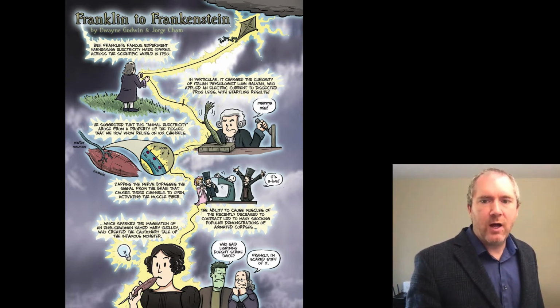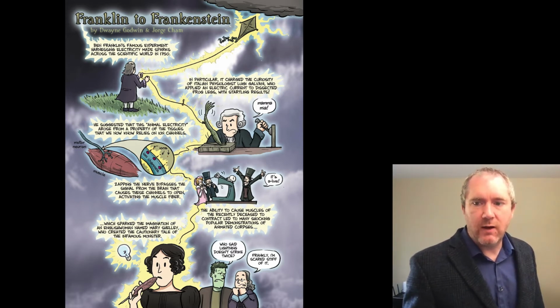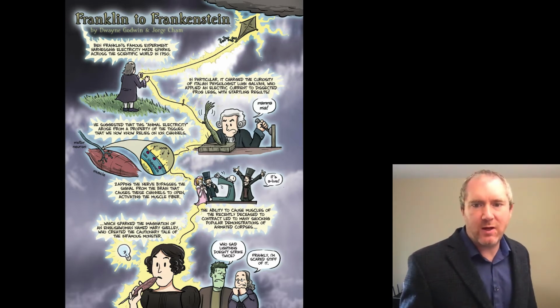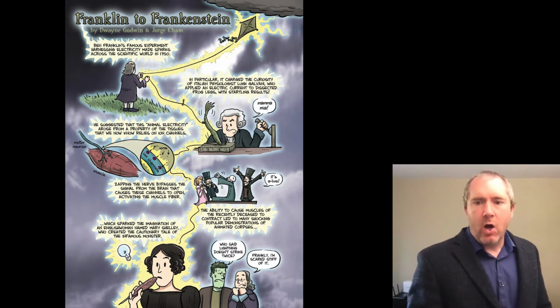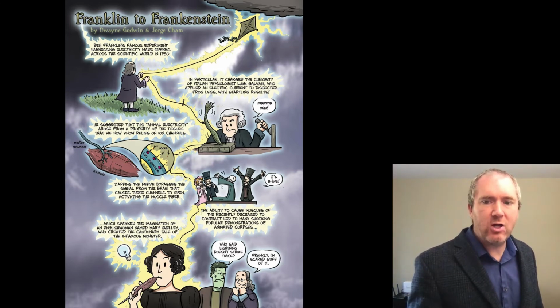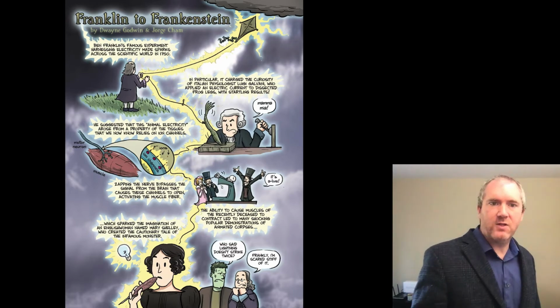Zapping the nerve bypasses the signal from the brain that causes these channels to open, activating the muscle fiber. The ability to cause muscles of the recently deceased to contract led to many shocking popular demonstrations of animated corpses, which then sparked the imagination of an Englishwoman named Mary Shelley, who created the cautionary tale of the infamous monster.